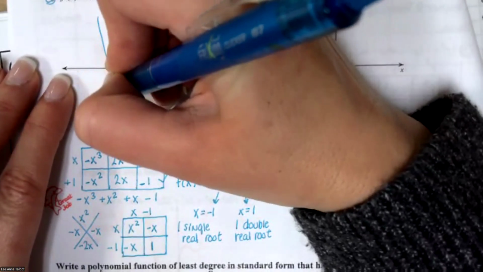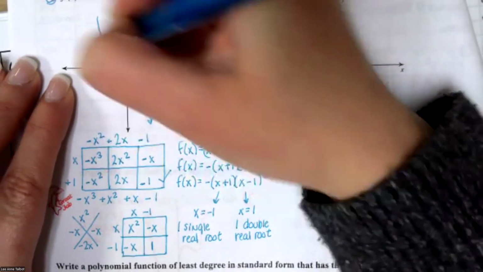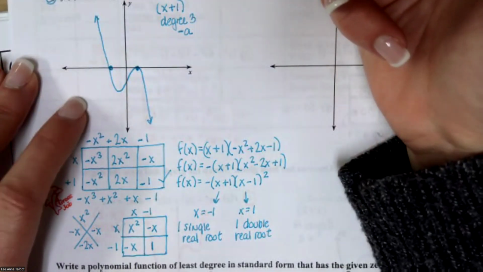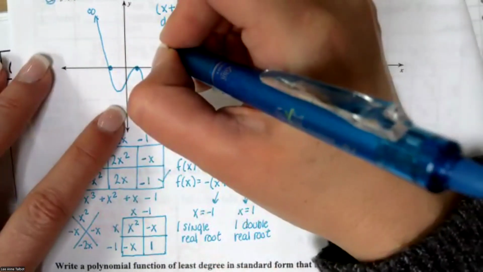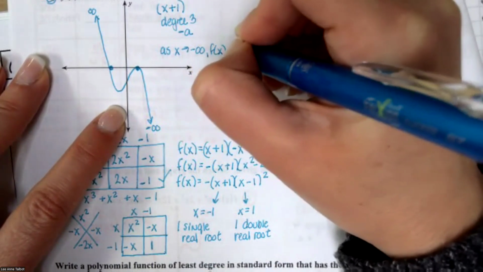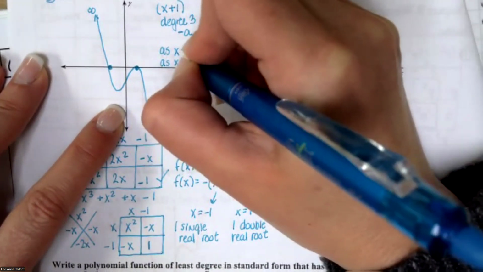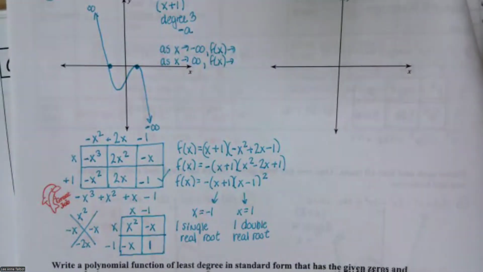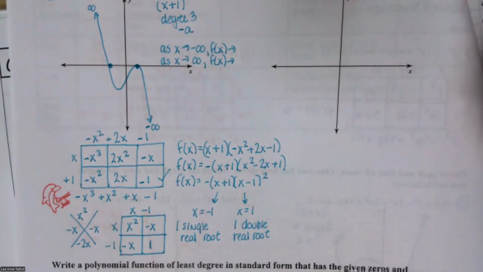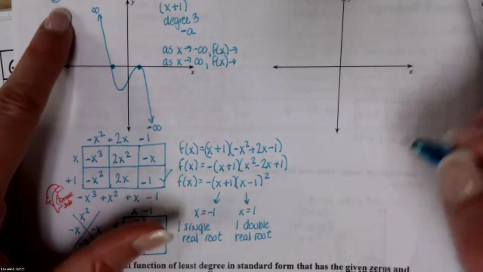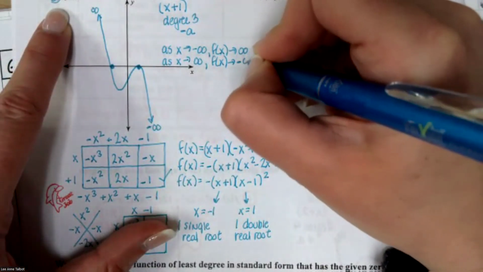So you go through the single, bounce off the double, through the single, bounce off the double. The left arrow is up and the right arrow is down.